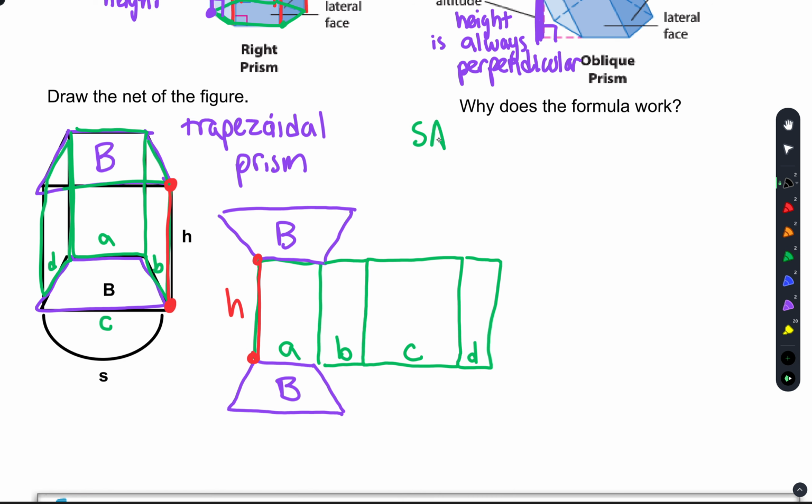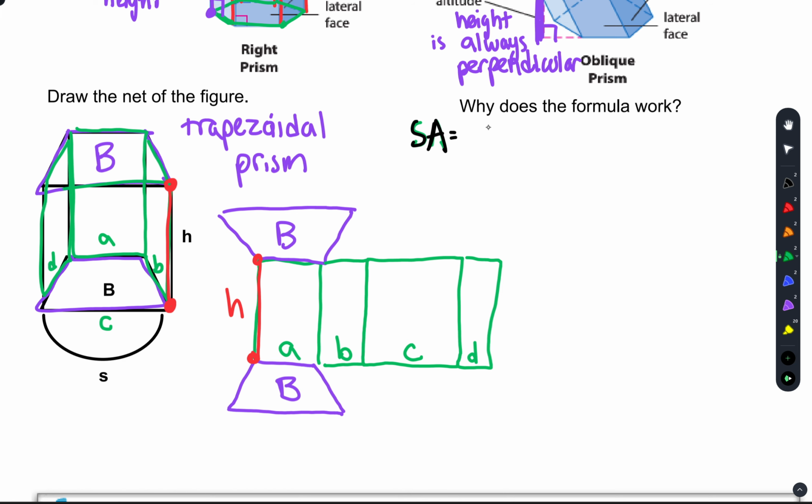So surface area, SA, equals the area of that rectangle, that lateral area in the middle. I would count up all of this bottom base right here, A plus B plus C plus D, that would be the width of my rectangle.